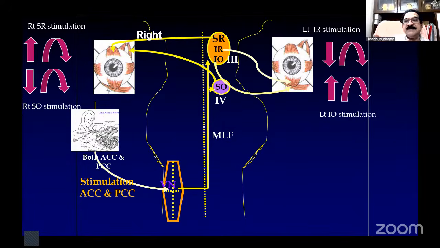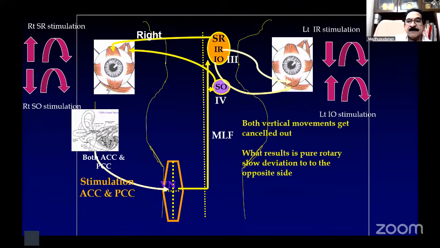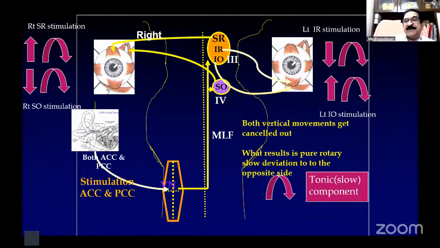The rotary component is all in the same direction, to the opposite side. But the vertical components, if both are stimulated, what will happen? The vertical components get cancelled out. So both vertical cancelled out. What results is a pure rotary slow deviation to the opposite side. So that is the thing which you get when both canals are stimulated.